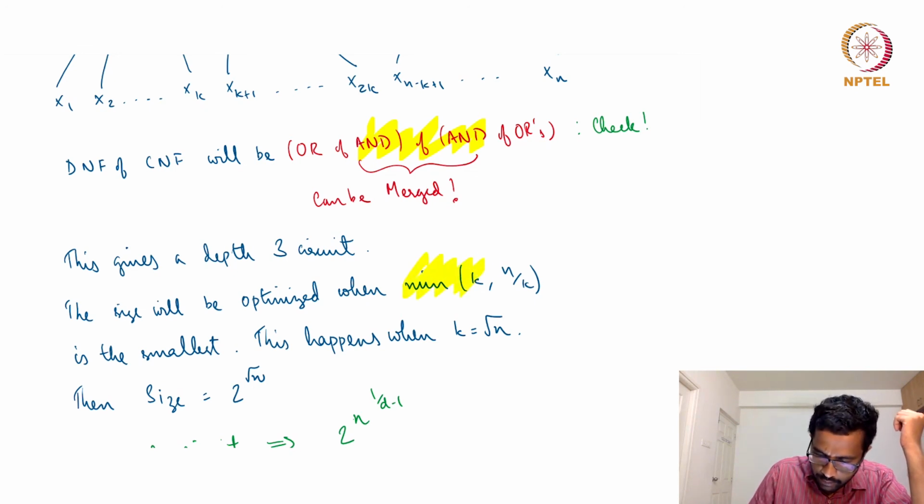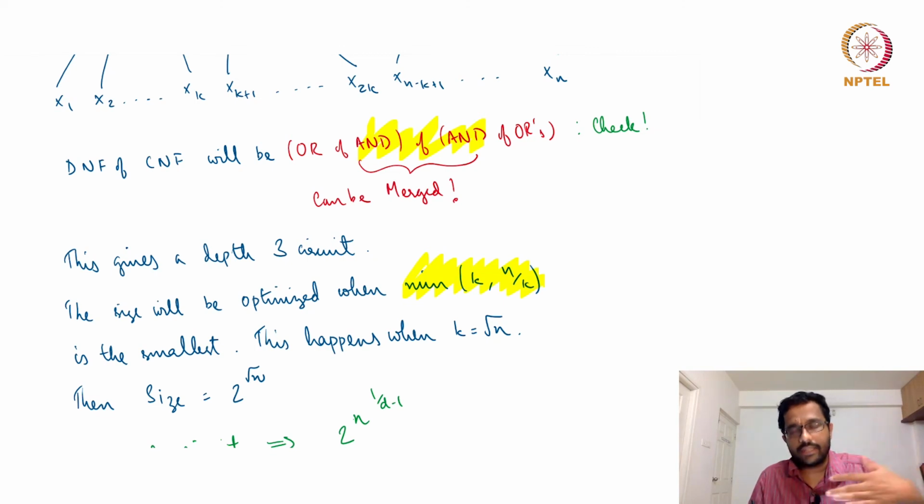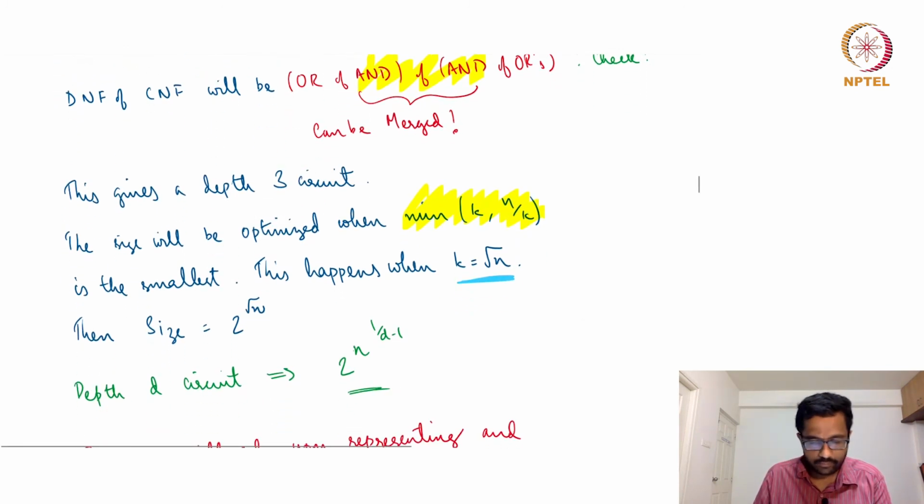So we have to minimize this function, k or n by k. And what is the k that will minimize both of them? It will be balanced when these two are equal. That will happen when k is set to square root n, right? And then in that case, the size will be exponential in square root n, which is 2 power square root n. Right, this is the size.